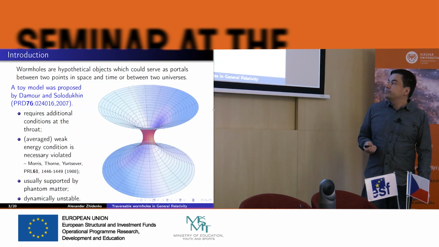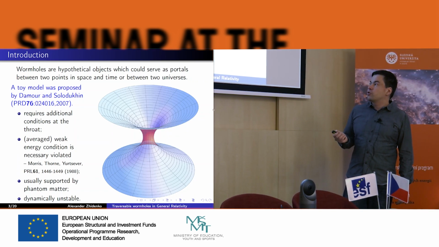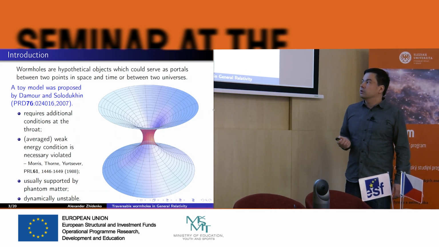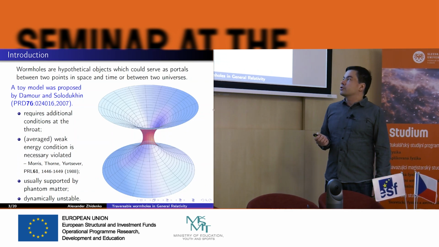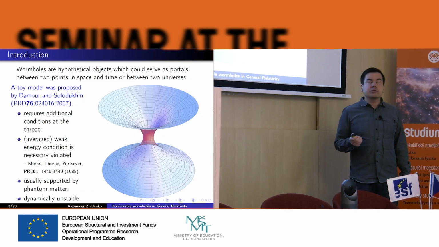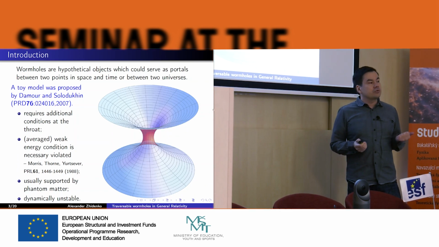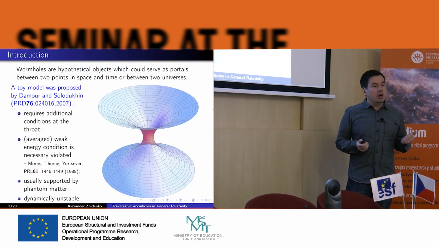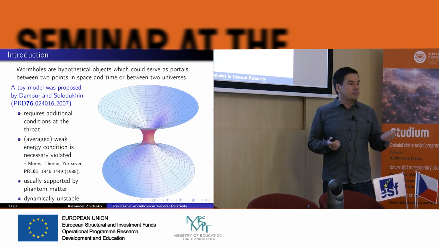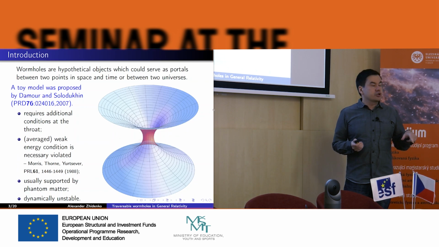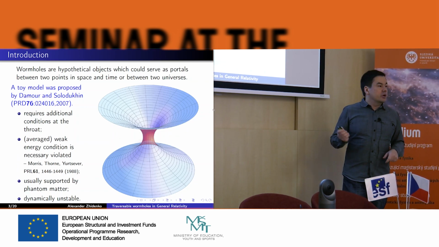But it was shown in this paper by Morris, Thorne and Yurtsever that actually such a configuration requires, in Einstein theory, violation of weak energy condition, namely the averaged weak energy condition along the trajectory which crosses the throat.